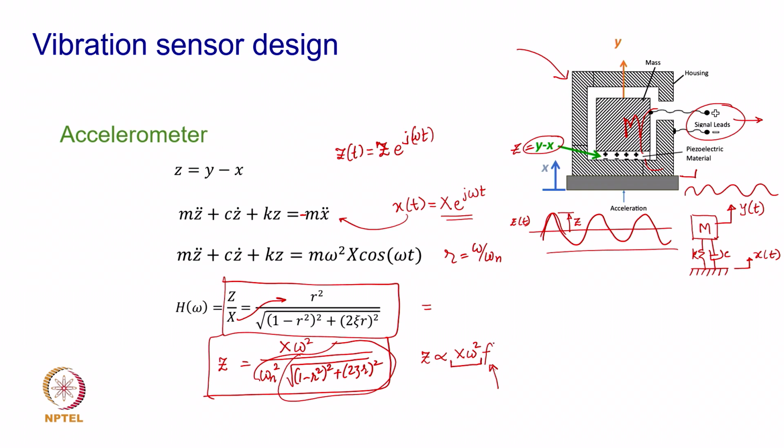Let us worry about this factor a little later, but I can definitely say that it is proportional to capital X omega square. Now, what is capital X omega square? If your x is capital X e to the power j omega t, then x double dot is minus X omega square e to the power j omega t, isn't it? So, this is basically the acceleration amplitude.